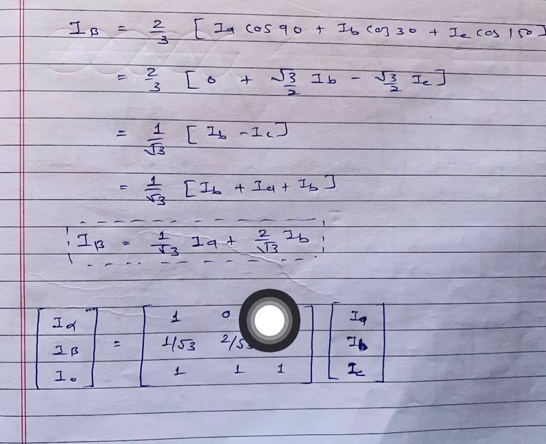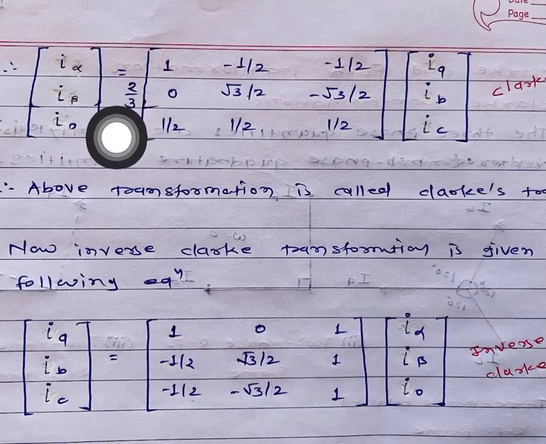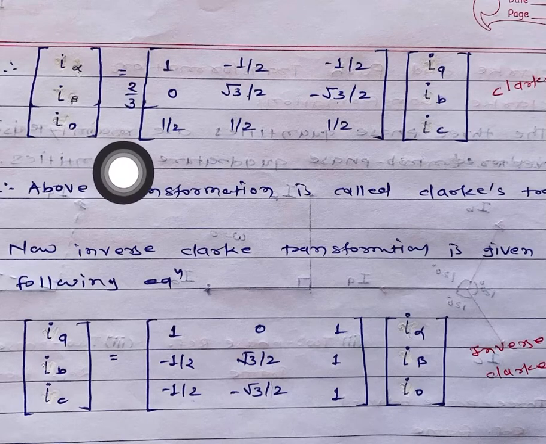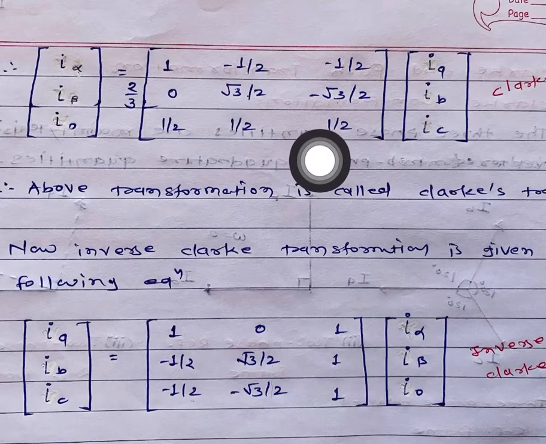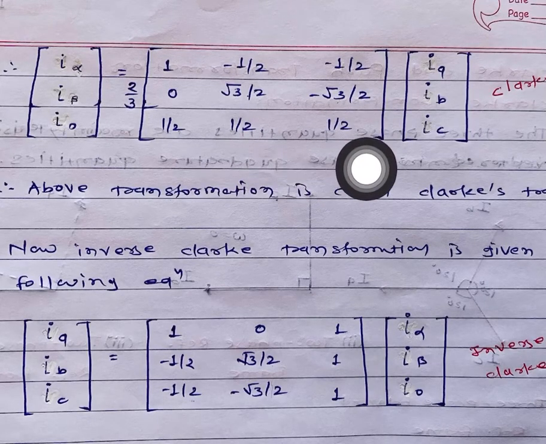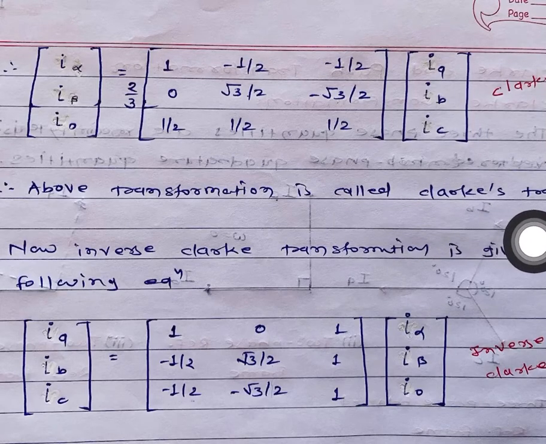So this is the matrix form of the Clark transformation. Further we can also write I alpha, I beta, I0 is equal to 2 by 3 common out, matrix 1, minus 1 half, minus 1 half; 0, root 3 by 2, minus root 3 by 2; 1 half, 1 half, 1 half, times IA, IB, IC. The above transformation is called Clark's transformation.